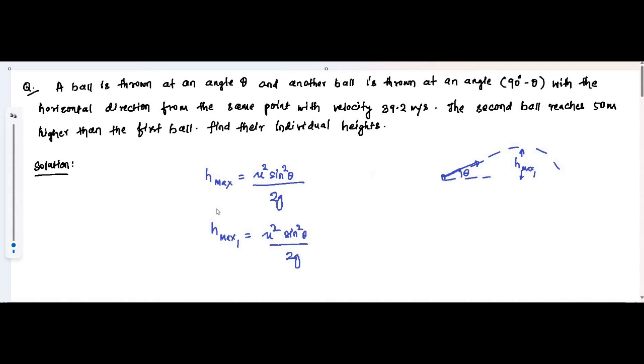Then H max 2, for the second ball, which is thrown at an angle 90 degree minus theta. So this is H max 2.